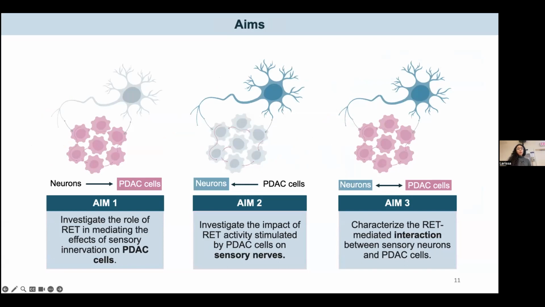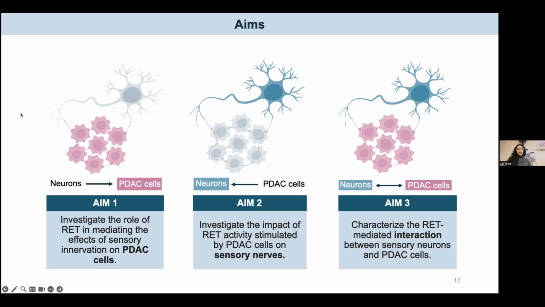The first two aims will concentrate on assessing the effects of RET activation on each cell type, while the third one will assess their combined interaction. So aim one will explore the role of RET in mediating the effects of sensory innervation on PDAC cells.